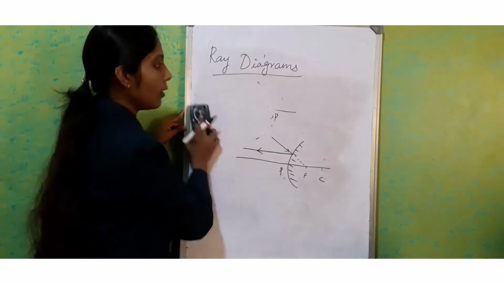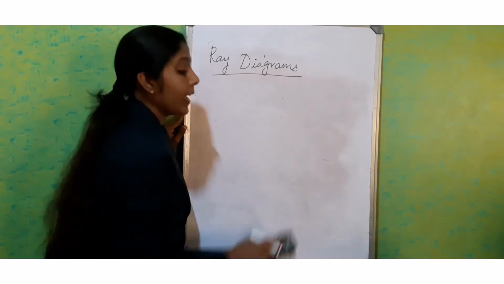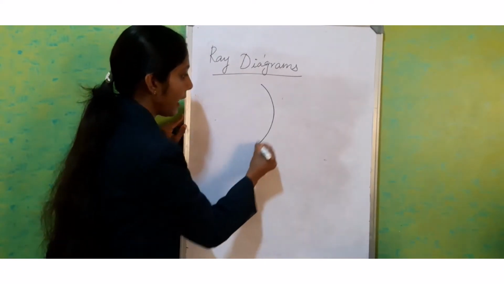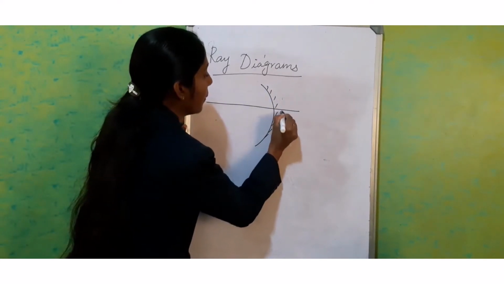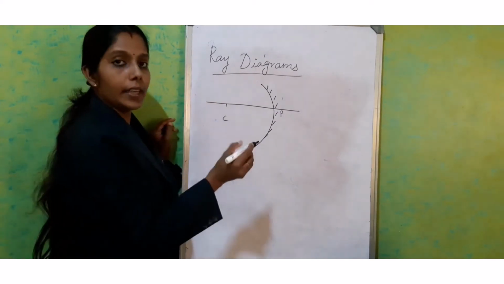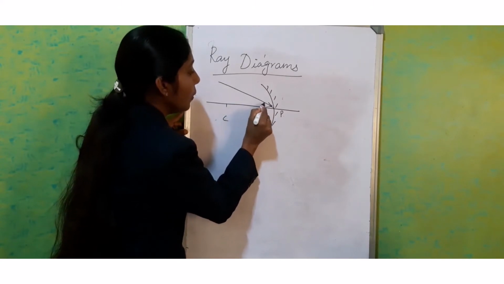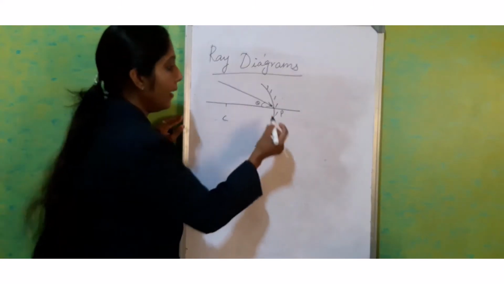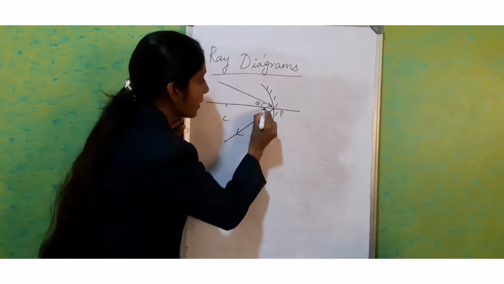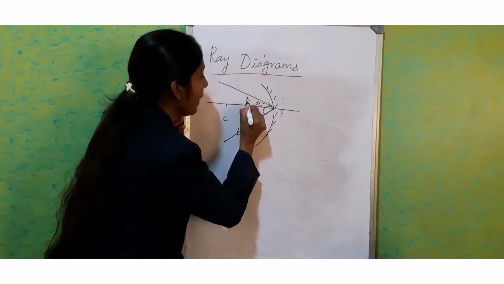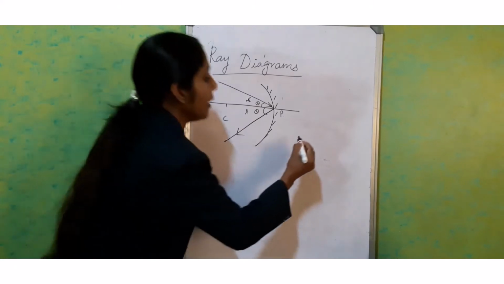Now the last convenient ray: if a ray strikes the pole, how will it reflect? Consider a ray striking on the pole. If this angle is theta, it follows the laws of reflection, and the angle of incidence and angle of reflection will be the same.